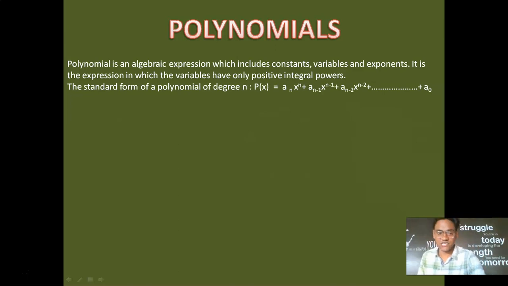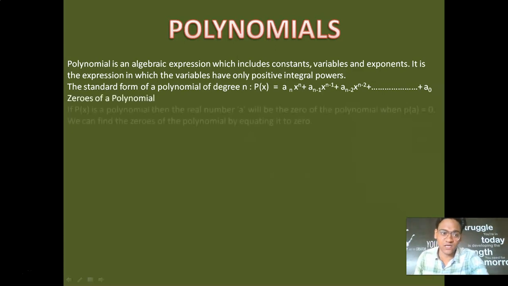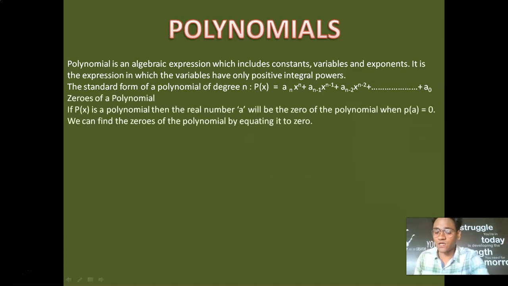Okay students, let's go. The next topic is zeros of a polynomial. So you can see the definition. If p(x) is a polynomial, then the real number a will be the zero of the polynomial when p(a) becomes 0, as I showed. As I have shown to you, at x is equal to minus 3 by 2, which is a real number, the polynomial p(x) becomes 0.